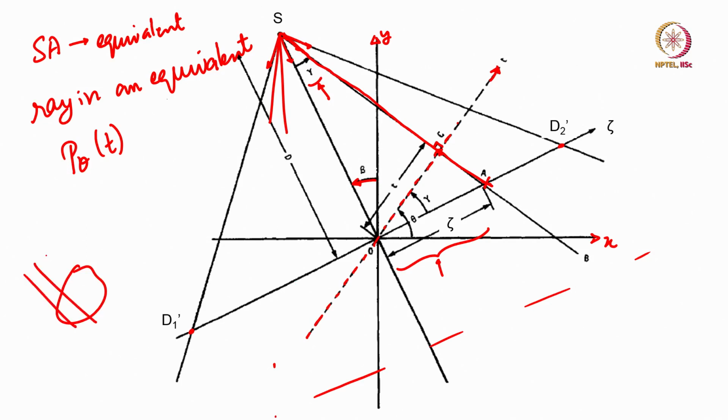But in the parallel beam case, the orientation theta for the parallel beam was given by this angle, right. This angle was theta, that is exactly the same theta that we have marked here. So, this is a hypothetical theta for an equivalent parallel beam which determines the theta in the p theta.